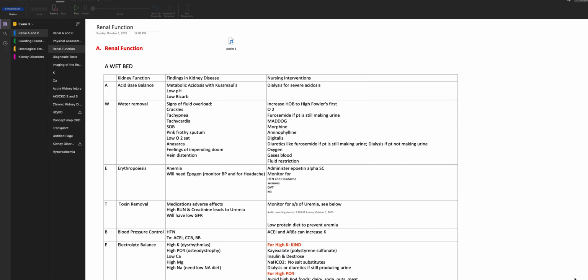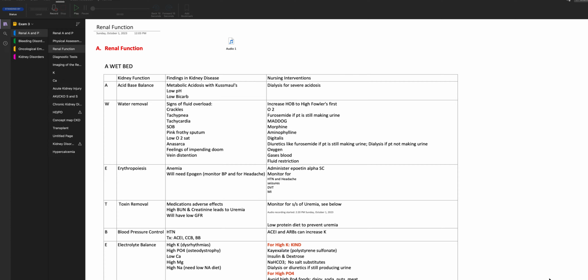Okay? So the first thing I'm going to talk about is the letter A, which stands for acid-base balance. The kidney functions to help us keep our acid-base balance.